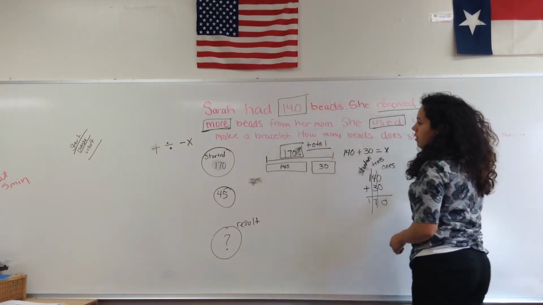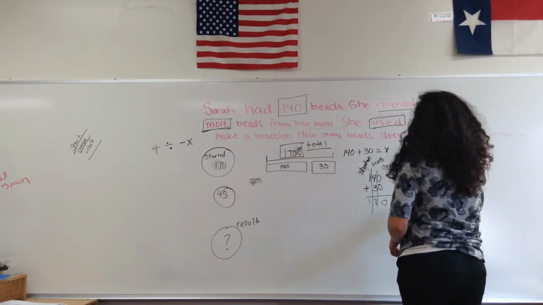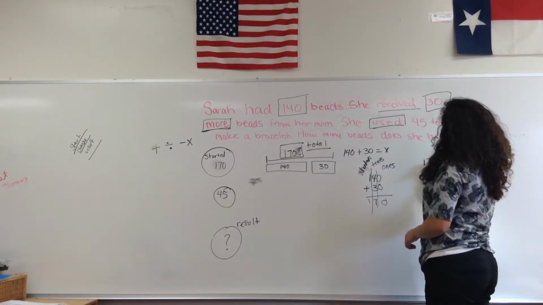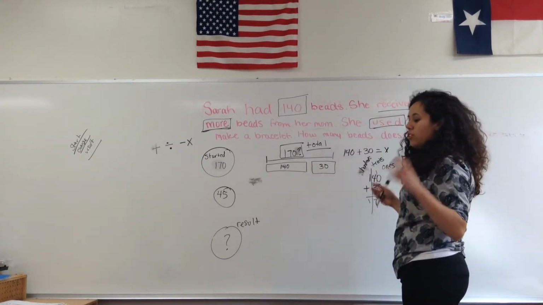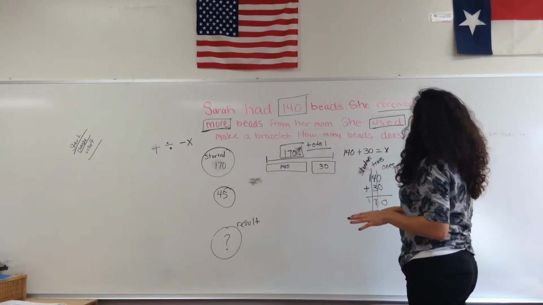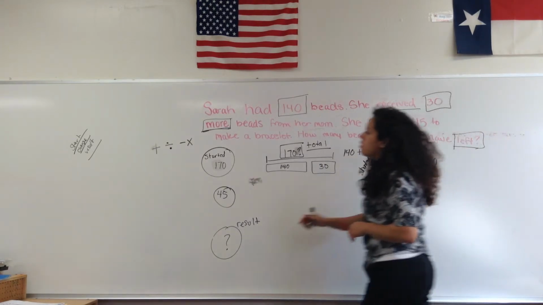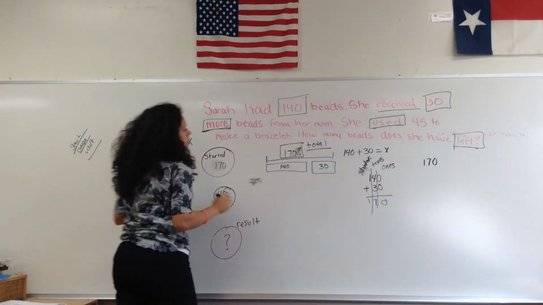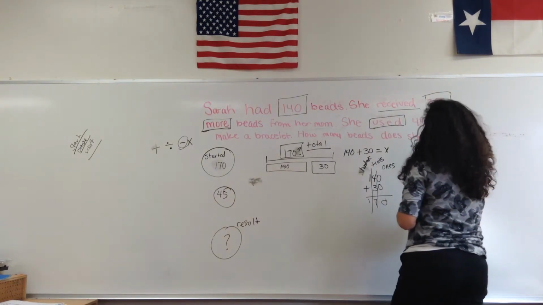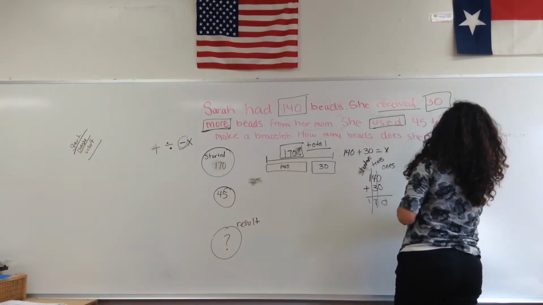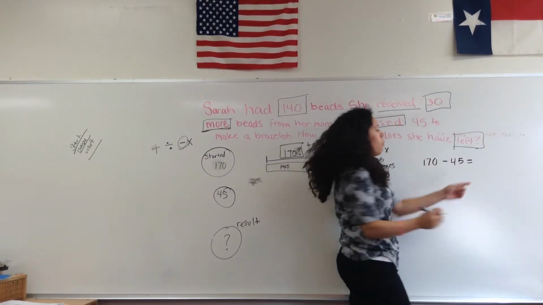So what does that mean? So 170, if you use something, it's less. You're taking away. You don't have any more. So the word used means to subtract. So 170 minus 45 equals our y.